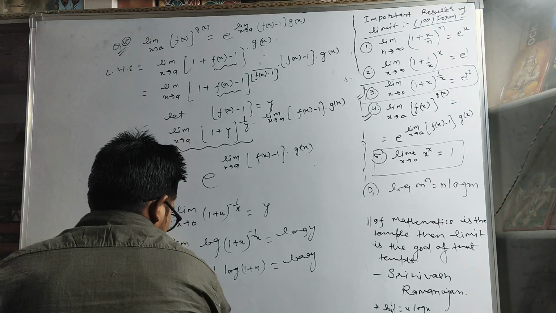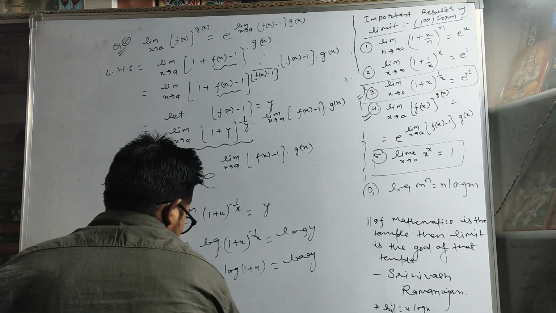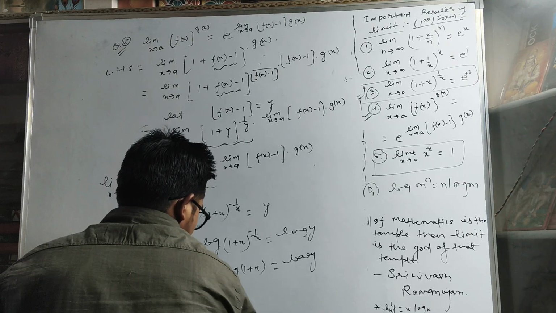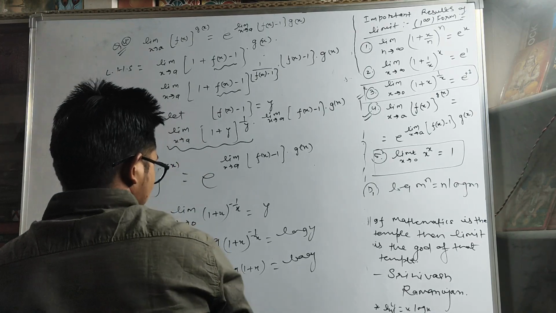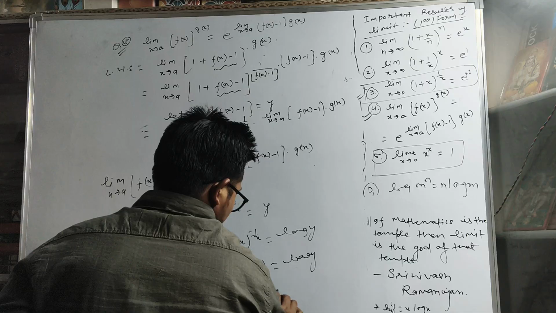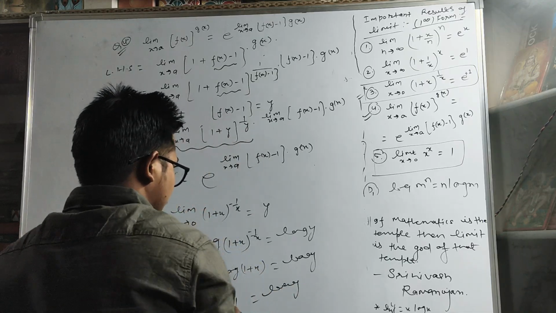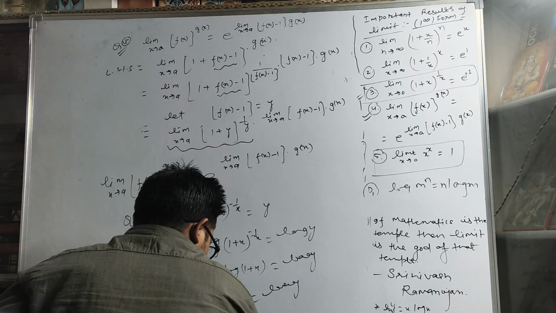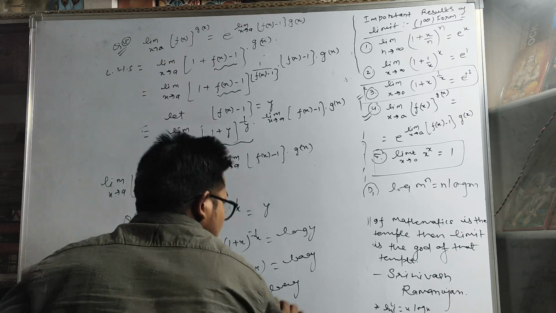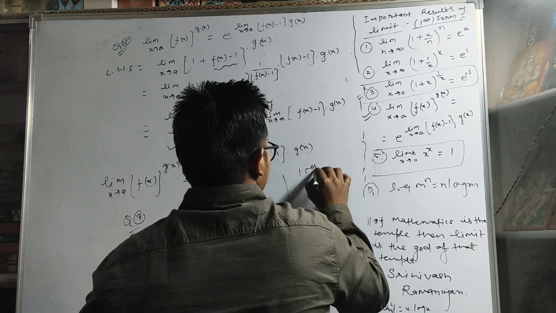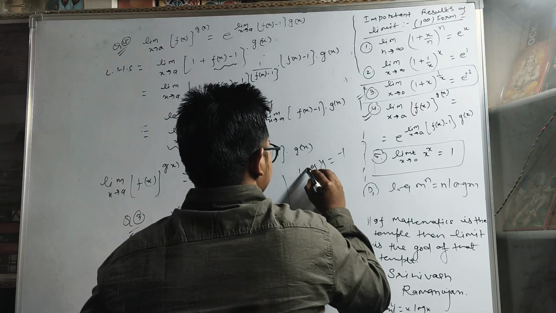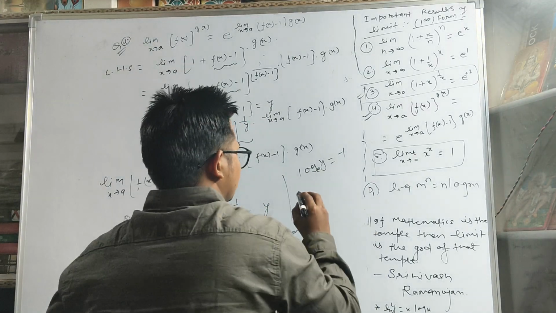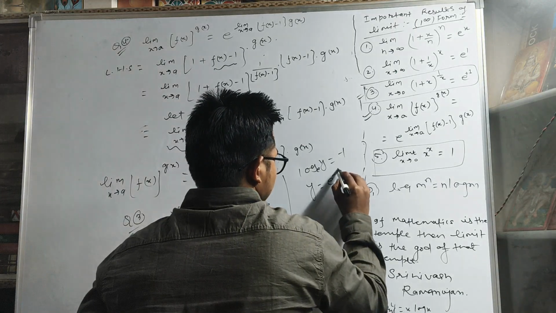This is nothing but limit x tending to 0 of 1 upon (1 plus x), and the differentiation of x is 1, with the minus sign. This is log of y. On taking limit we have minus 1 upon 1 equals log of y. So log of y equals minus 1, and the base is hidden here, small e. So you can write y equals exponential minus 1.